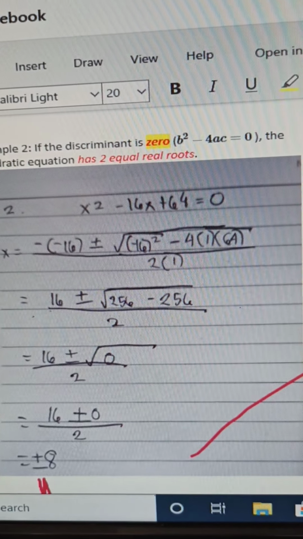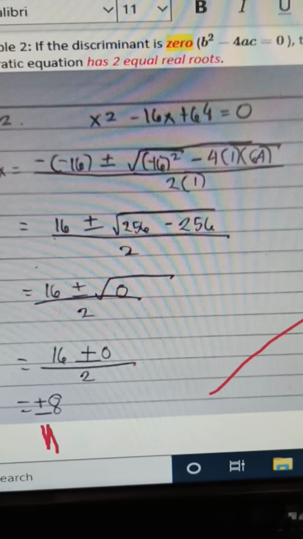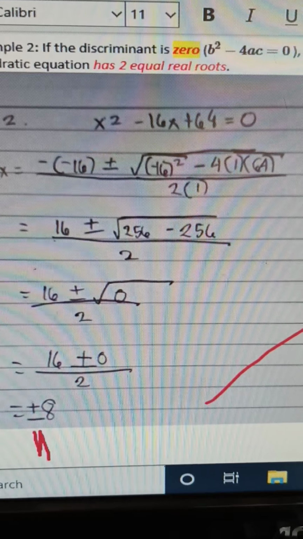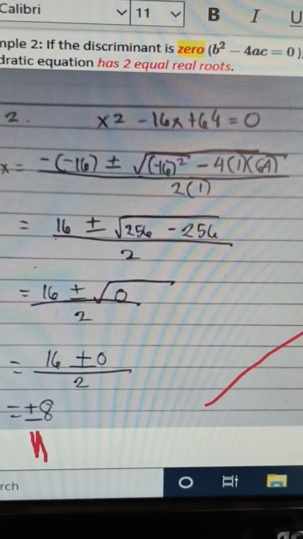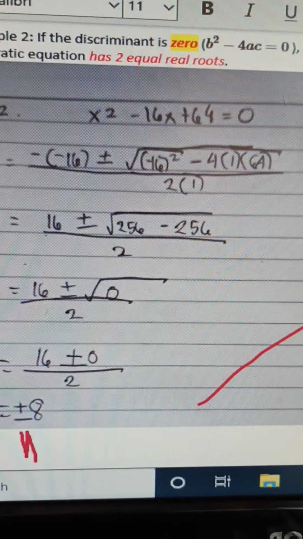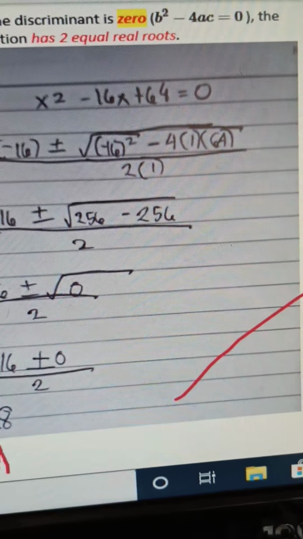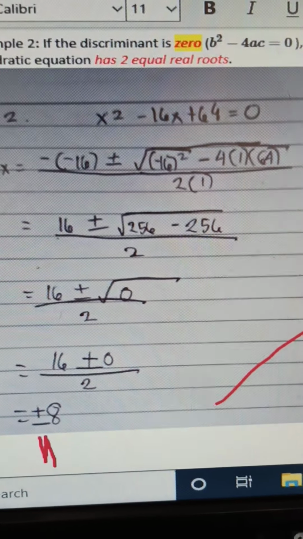So we have the negative sign there and negative 16. So we have positive negative sign and the square root of negative 16 squared minus 4 times 1 times 64, divided by 2 times 1.